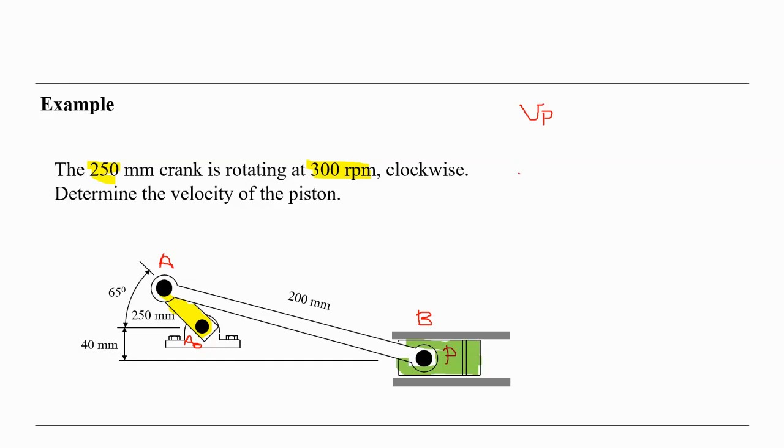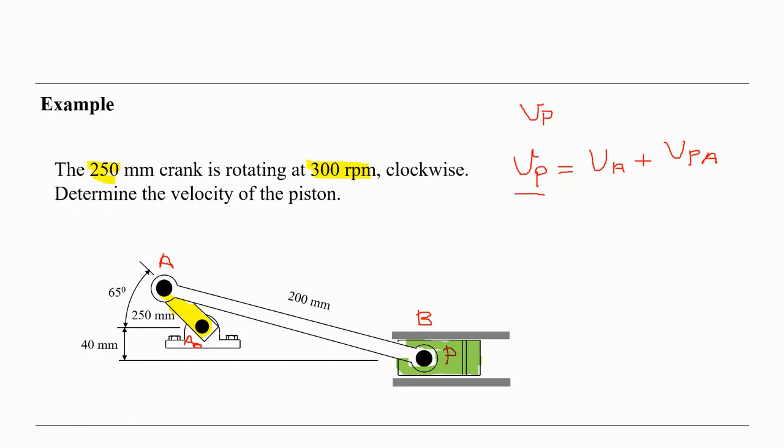That means we can write VP is equal to, like we did in the previous example, VA, which is on the same link, the coupler, plus VPA, P relative to A. In this equation, the unknown is VP, the velocity of the piston.